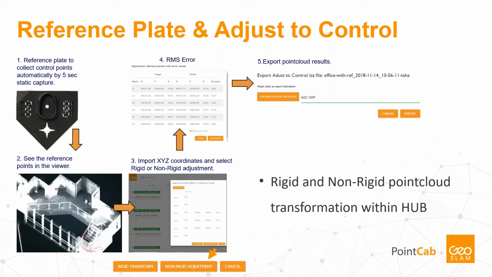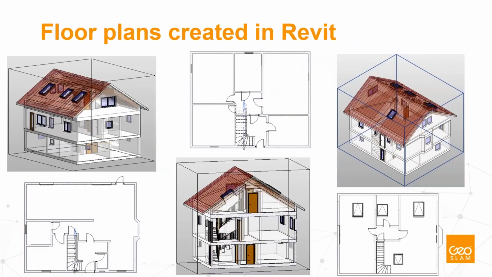Yes, and for now, the reference plate could be used the same way with the same workflow as Martin showed in Draw, and instead of looking for the spheres or any other targets manually, you could just import the reference plate points that are automatically collected by this static period. So there are many ways to get a combined point cloud project.